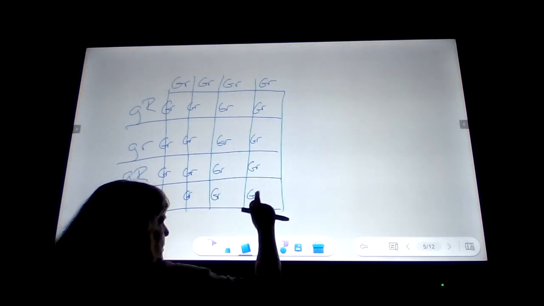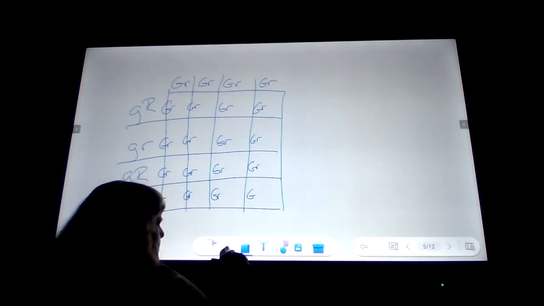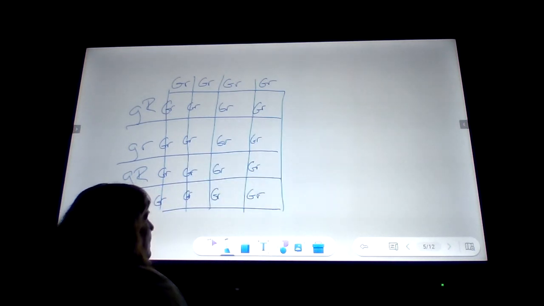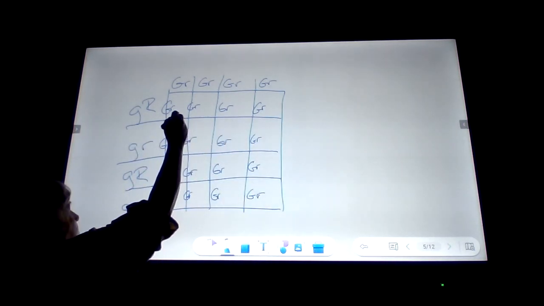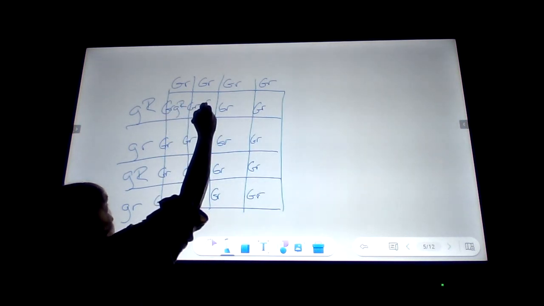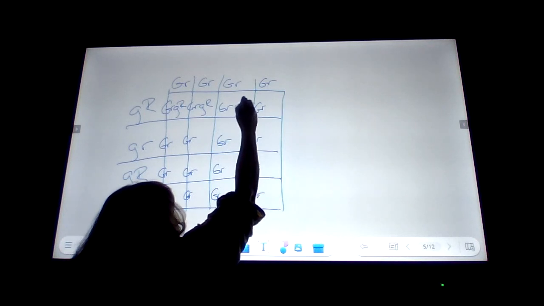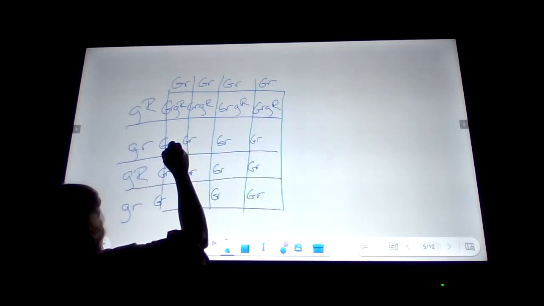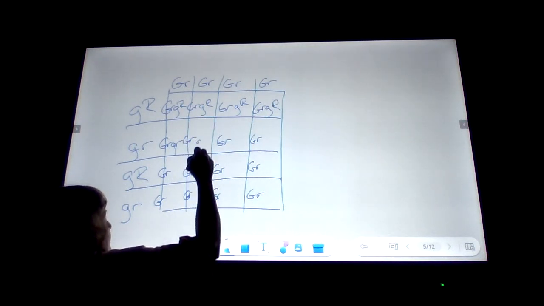That's just an ugly R. Okay, I'm going to carry everything across. So we've got G, big R, all the way across in this row. I've got G little r that I'm going to carry all across in this row.